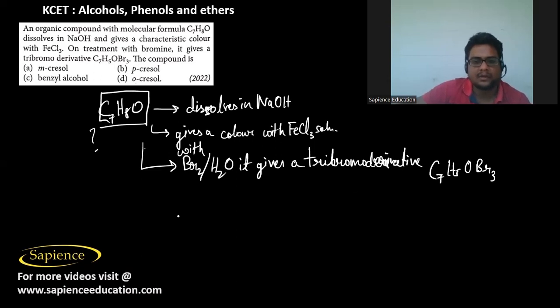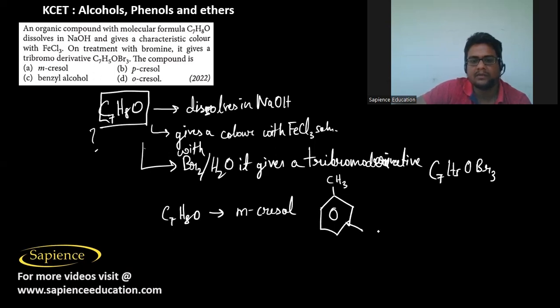So here obviously C7H8O should be meta cresol. Since, if it is C6H4 and then here we have a methyl group and here the alcohol group, then it will react with bromine water.